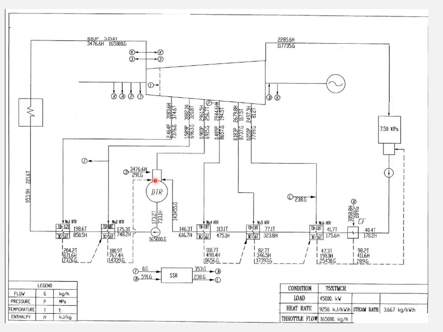The generator removes dissolved gases O2 and CO2 from the feed water and mixes condensate with the heat rate. Temperature and enthalpy are not explicitly labeled in this image, but typically around 105 to 120 degrees C and 550 kilojoules per kilogram. The key difference is among HTR temperature and LP conditions.